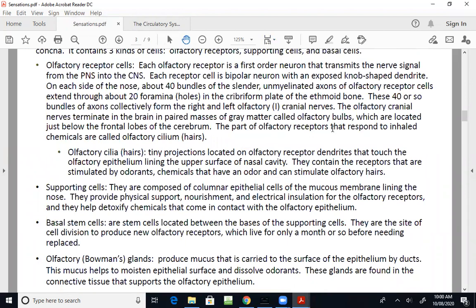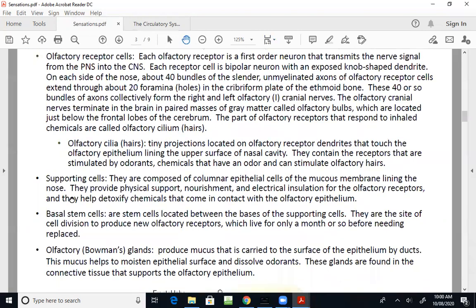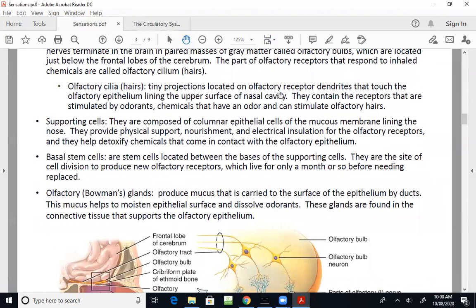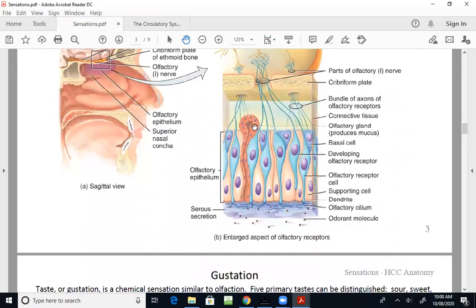Part of the olfactory receptors that actually respond to inhaled chemicals are called olfactory cilium. Cilium is singular. Cilia would be plural. You also see them listed as hairs, which are just tiny projections on the olfactory receptor dendrites that touch the olfactory epithelium lining the upper surface of our nasal cavity. They're where the receptors for the chemicals called odorants, which are just things that have an odor and can stimulate the hairs, are.